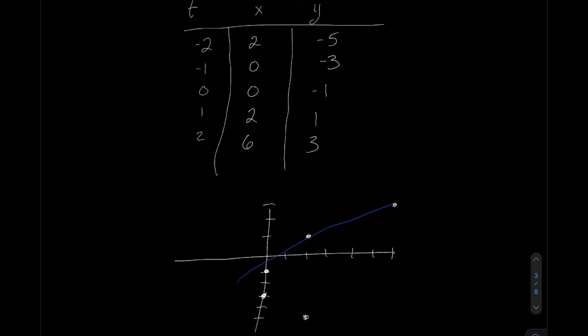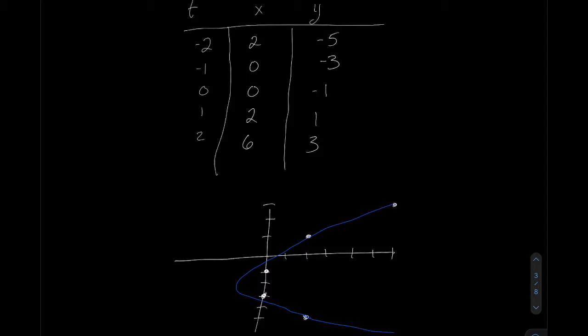If we were to connect all the points here, we get what looks like a parabola. And I drew the arrow prematurely, because parametrized curves have direction. The direction of this is going to be what happens as t increases.